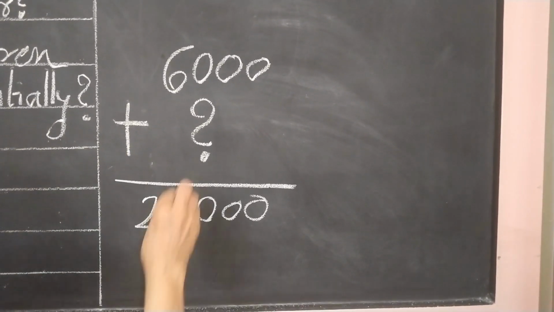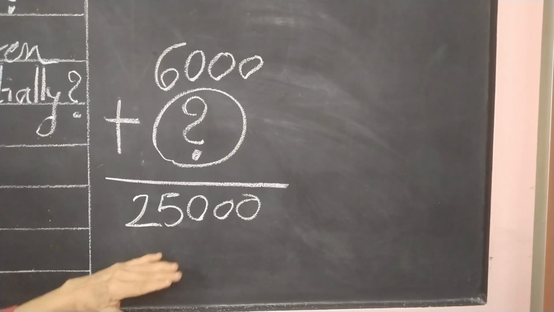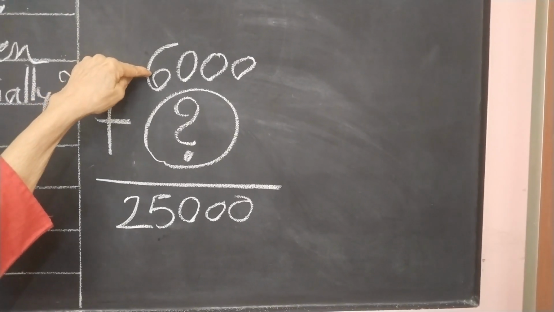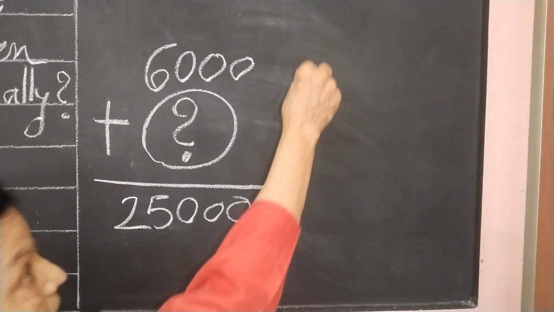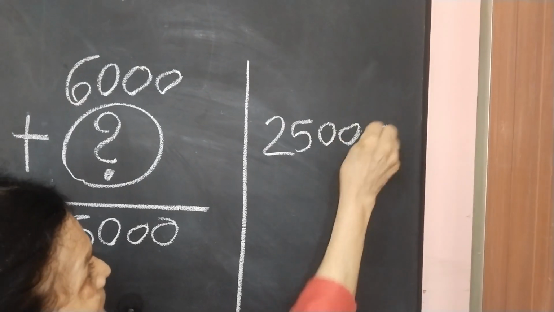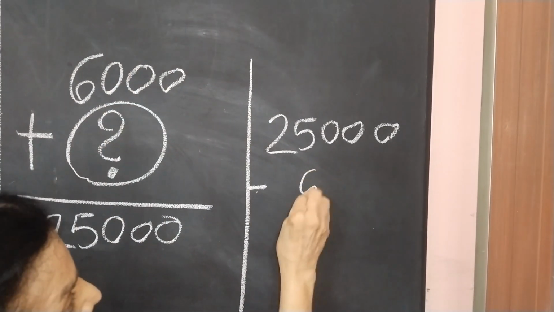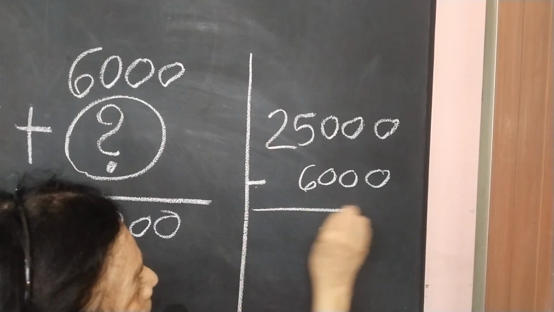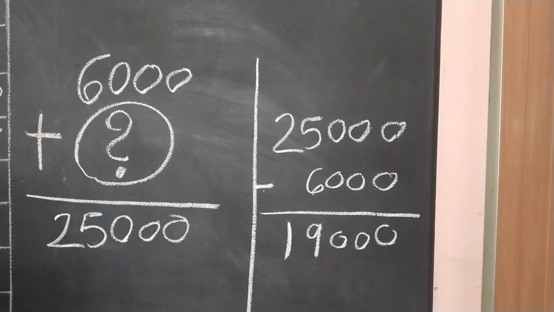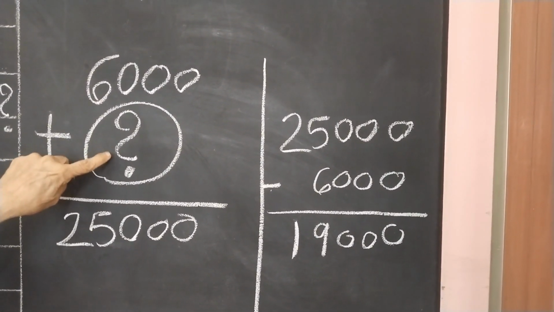But now, for finding this particular quantity, we will have to subtract these 6,000 rupees from 25,000 rupees. So how are we going to solve it? We will be solving it this way: 25,000 minus, instead of plus, minus 6,000. That is going to give us 19,000 rupees as the answer for this particular place.